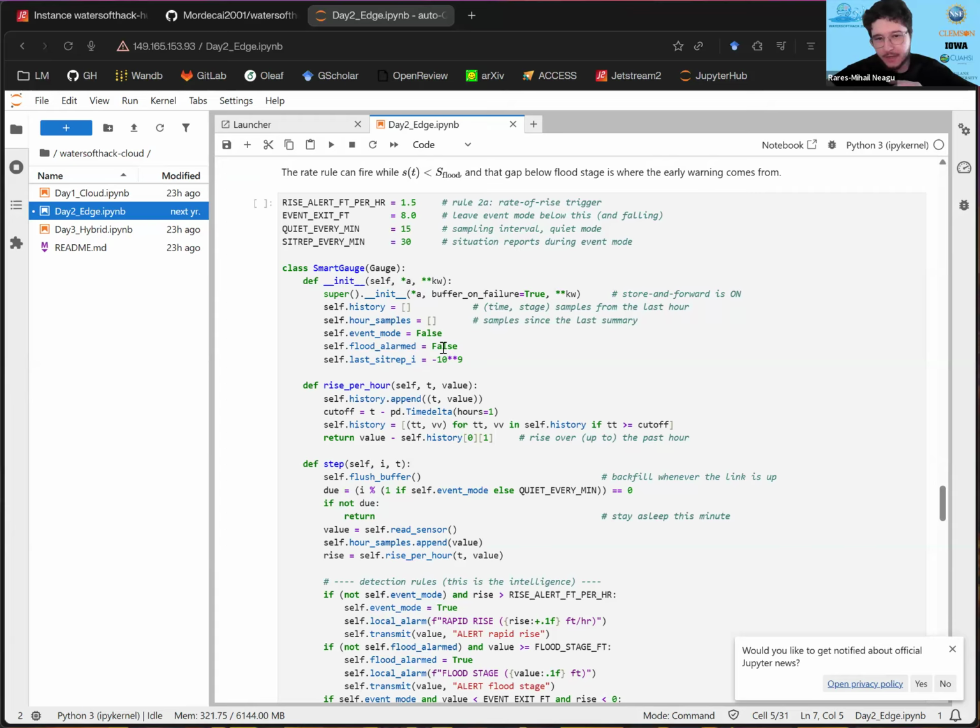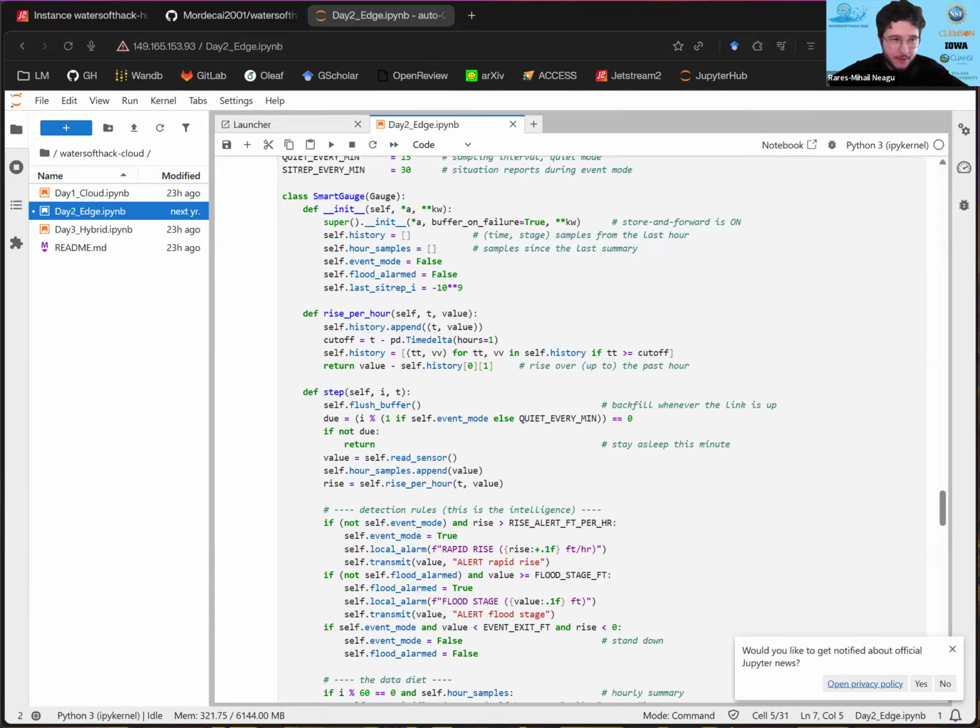You can think of the Gauge class as a base class, and these attributes are only going to appear in a SmartGauge, but not in a normal gauge. And what's interesting, we can have a hierarchy. For example, we can instantiate a smart gauge that has a different brain than this one.